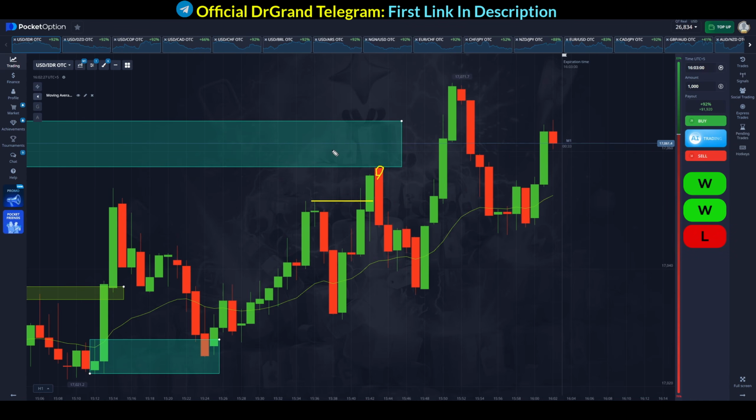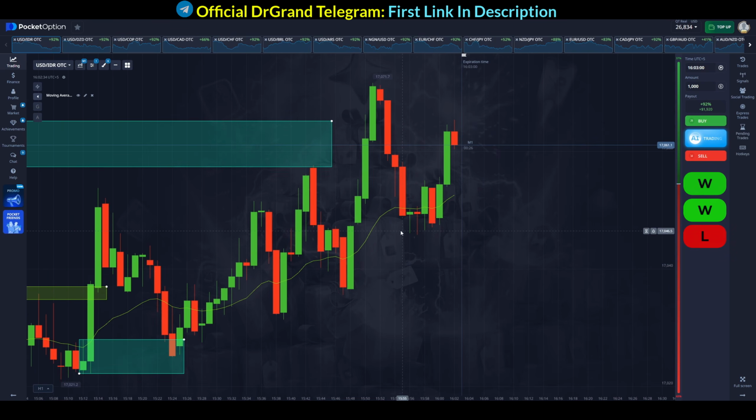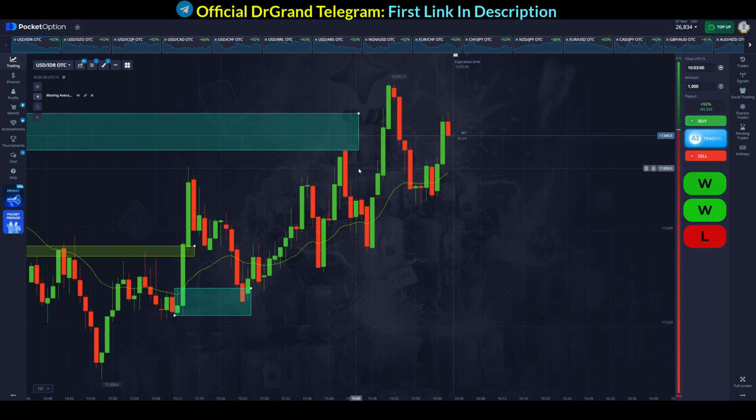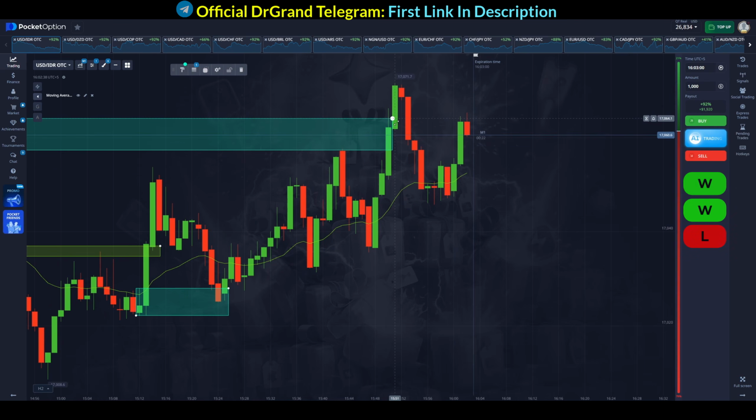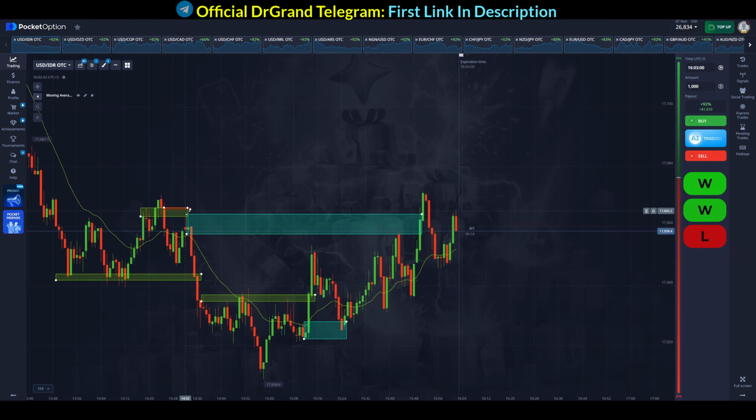It's a gap up on a supply, and which I didn't take. And then after that, this supply also been broken.